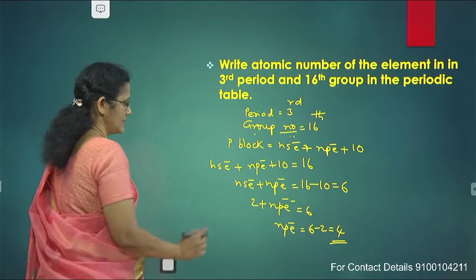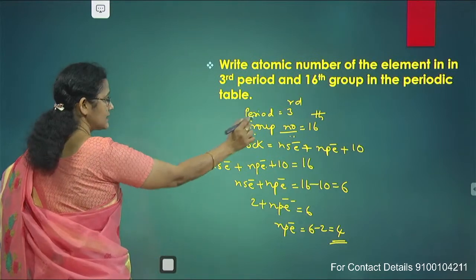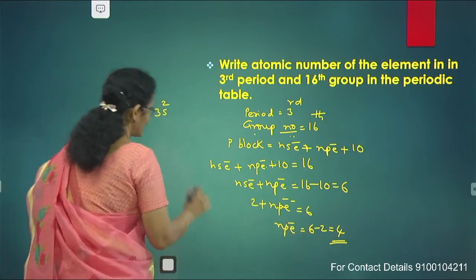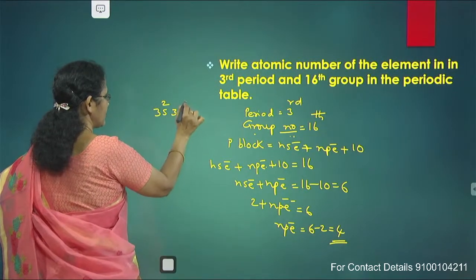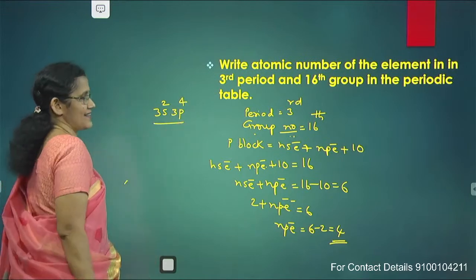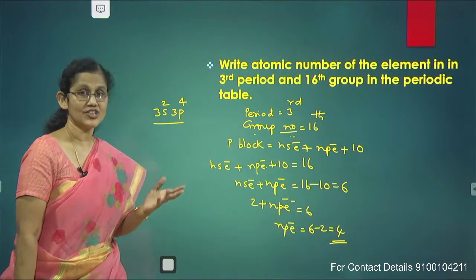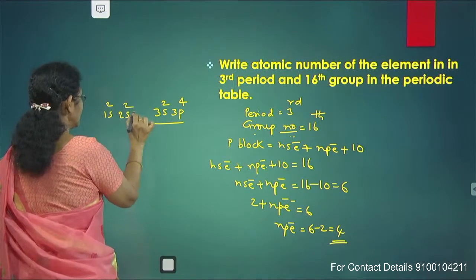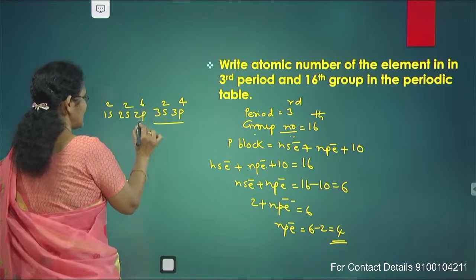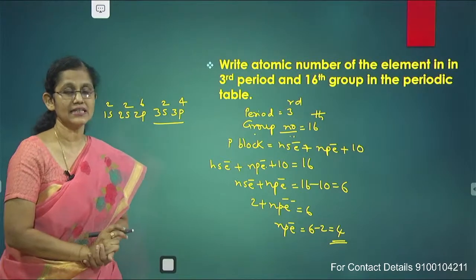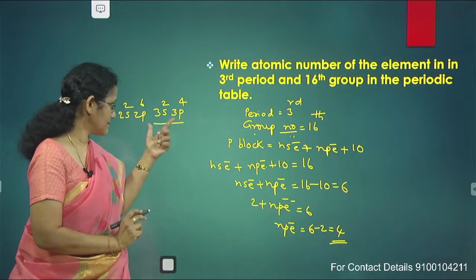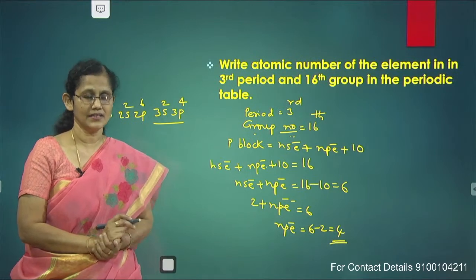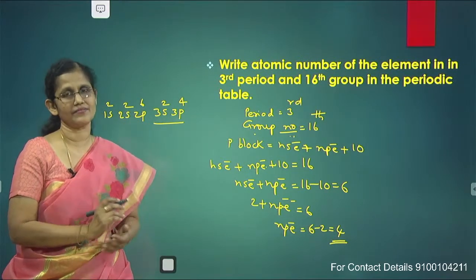Now, you write: this is 3rd period, 3s2, 3p4. This is the outer shell. What is the inner shell? 1s2, 2s2, 2p6, 10 plus 6, so 16 electrons are there. That means 16th element in the periodic table. What is that element? It should be sulfur.